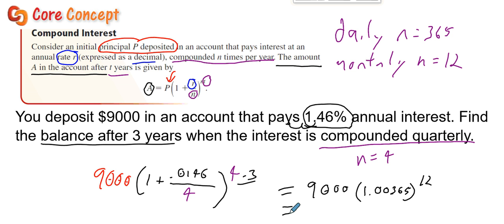As I put that into my equation, I see that after 3 years, I'll get $9,402.21. Okay, not a bad way to make money. Just have your money make money by putting things into savings.